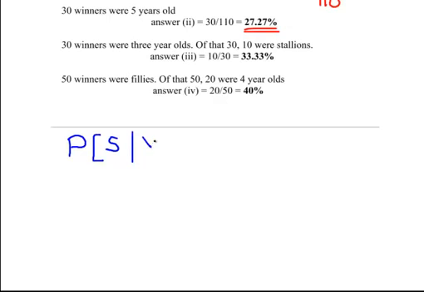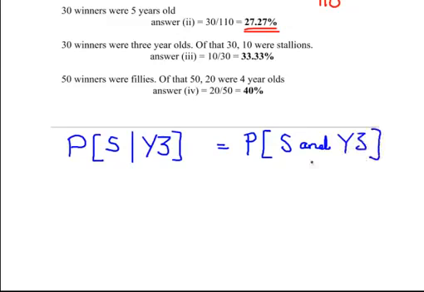I'm going to call this Y3, with the Y first. That is the probability of being a stallion and a 3-year-old, again Y3, all over the probability of Y3.